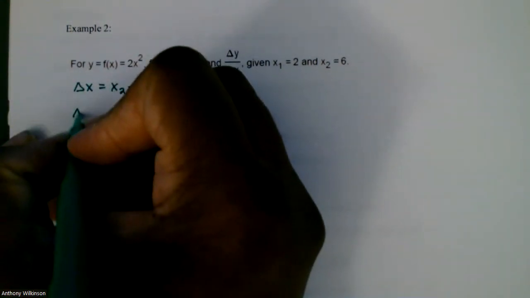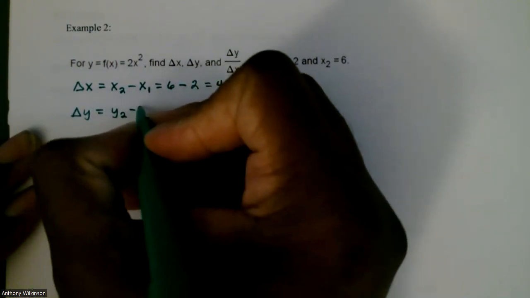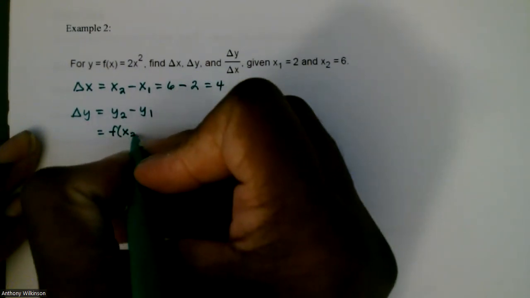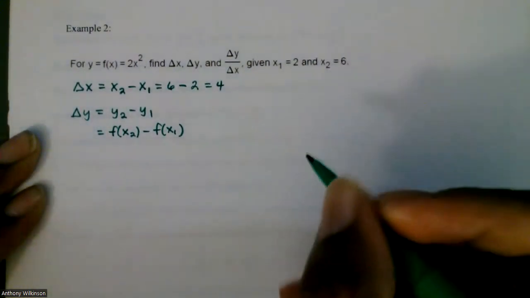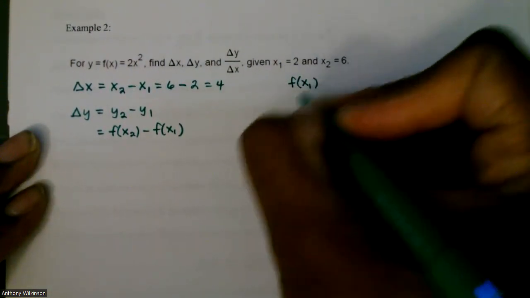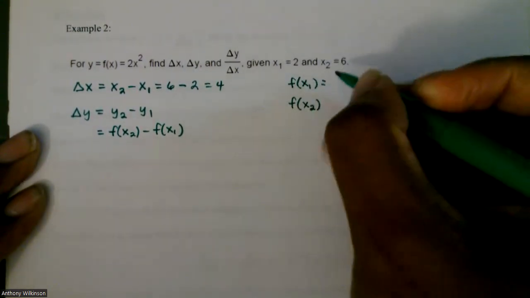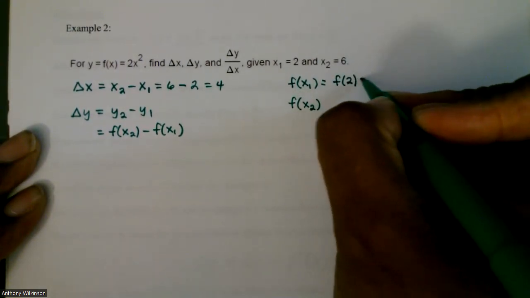Now, of course, delta y, or the change in y, would have to be y2 minus y1, or we can write that as f of x2 minus f of x1. So here we need to find out what f of x1 is and f of x2 is. Well, here, x1 is 2, so we need to evaluate f of 2.